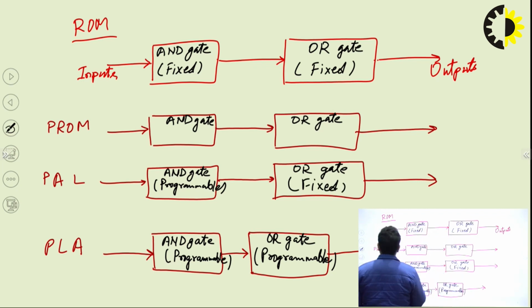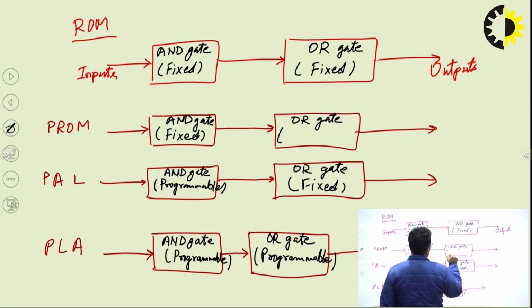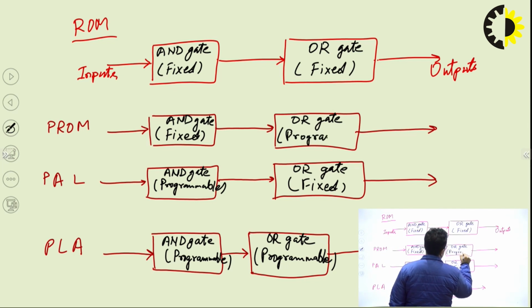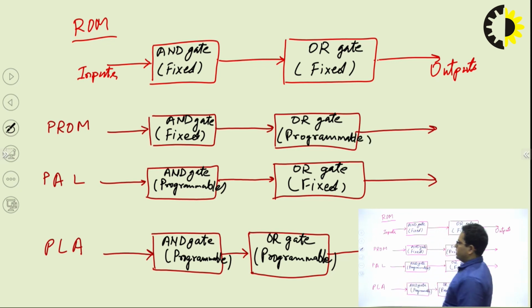For the case of the PROM, the AND gate is fixed and your OR gate is programmable. So this is the block diagram for the complete ROM, PROM, PAL and PLA.